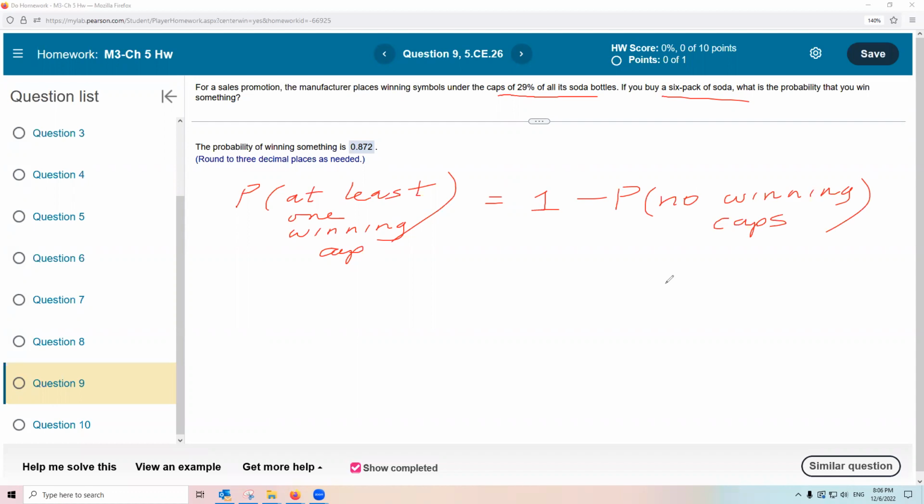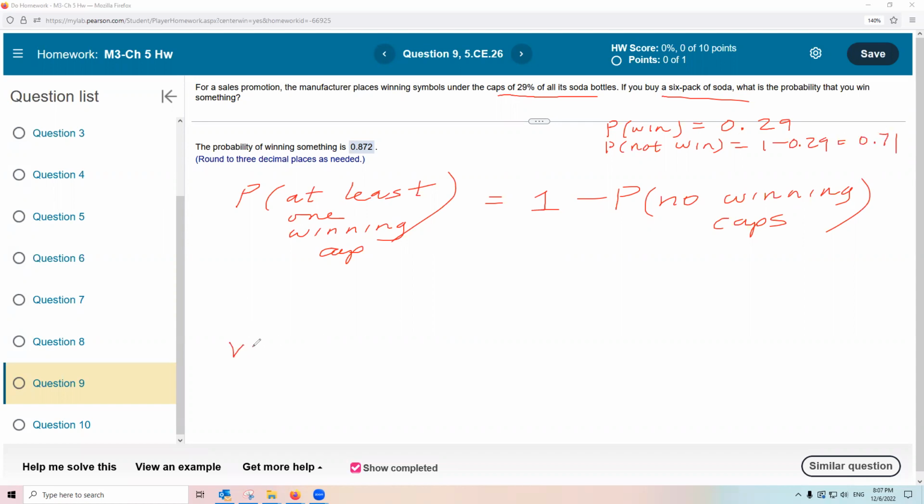Well, what's the probability that you don't win for one of these bottles? Well, the probability of winning on a soda bottle is 0.29. So the probability of not winning is 1 minus 0.29, which is 0.71.